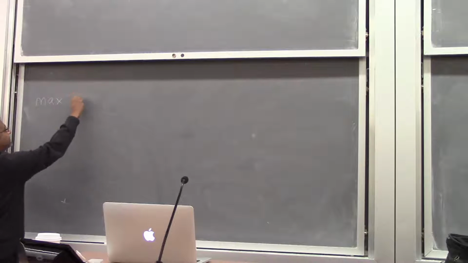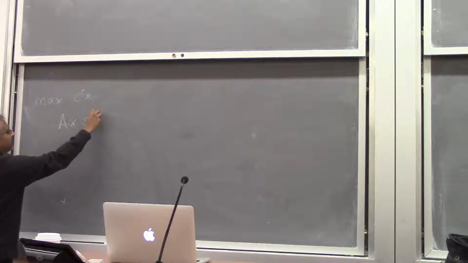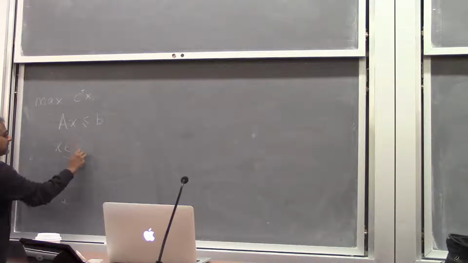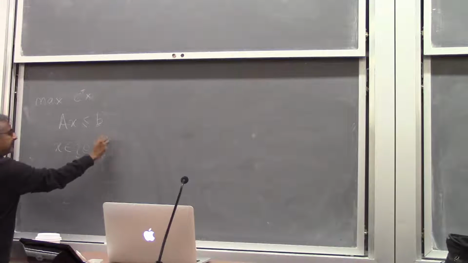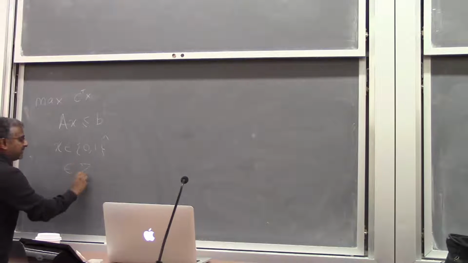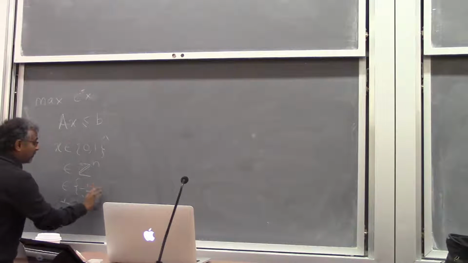The first thing you have to remember, and I've said this before, is that, so let's write down our standard integer program. And the thing that makes this an integer program, of course, is this constraint: there are n variables. And of course, this could be instead Z to the n. It could be any integer set, it could be {-1, 1} to the n.